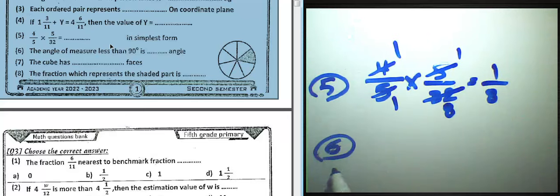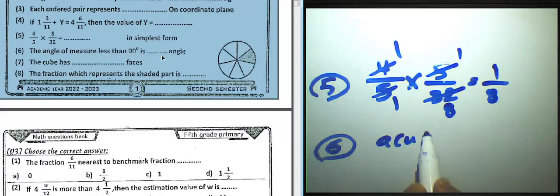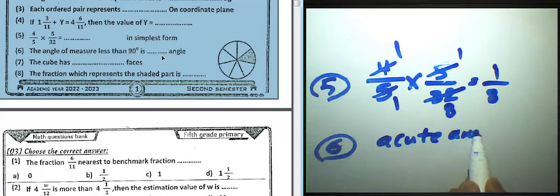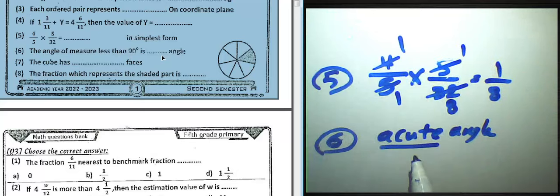Question number 6. An angle of measure less than 90 degrees is an acute angle. We call it what? Acute angle. Again, an angle of measure less than 90 degrees, we call it acute. But an angle of measure equal to 90 degrees, we call it a right angle.